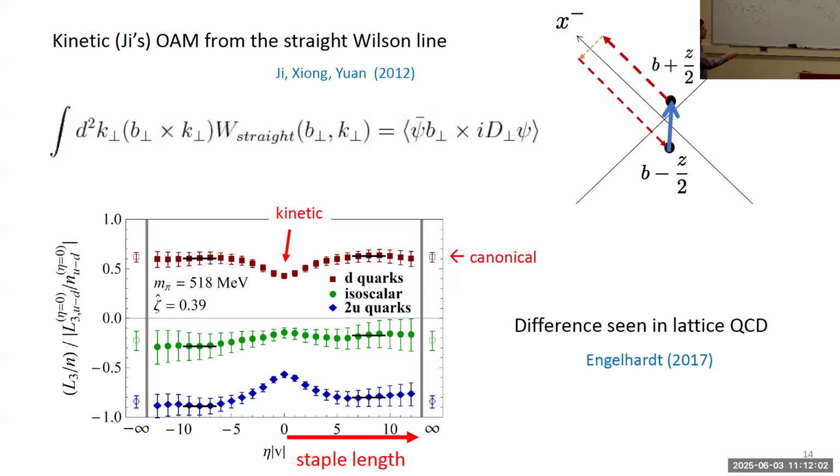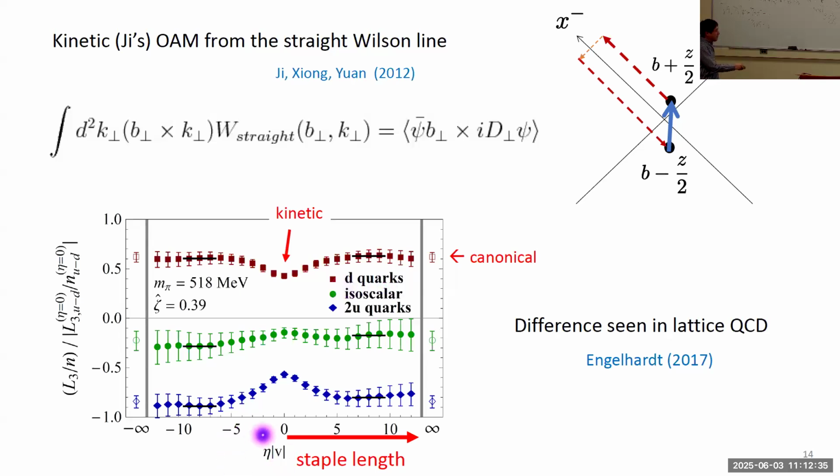And you can actually see this difference numerically in lattice QCD, which was done by Michael Engelhardt in 2017. So what is shown here is the orbital angular momentum as a function of the length of this light-like Wilson loop. Well, you should take it with a grain of salt because there's no light-like direction on the lattice, so you have to do a lot of tricks. And I don't think this is the final result, but I think this is the first attempt of this kind.